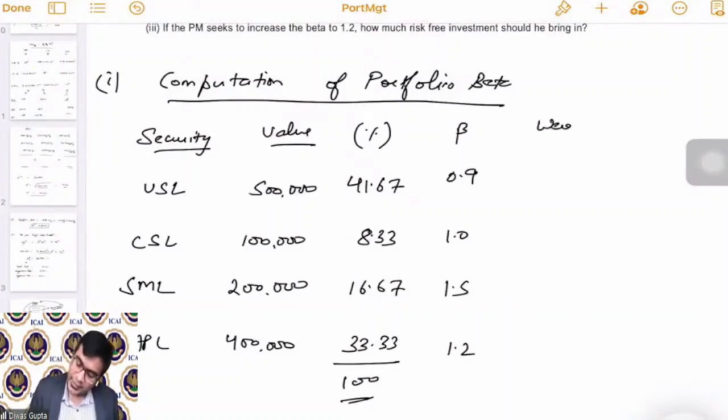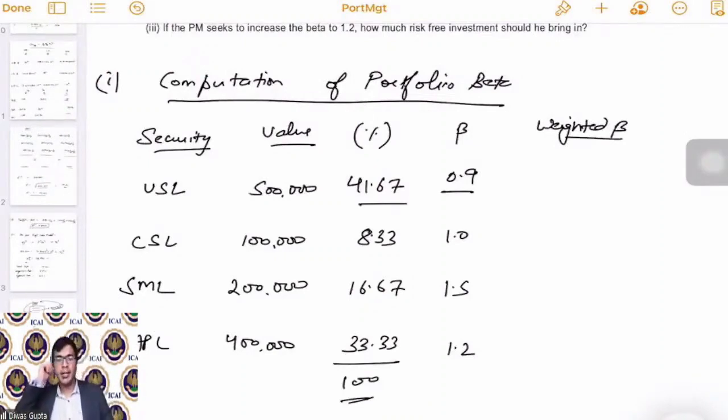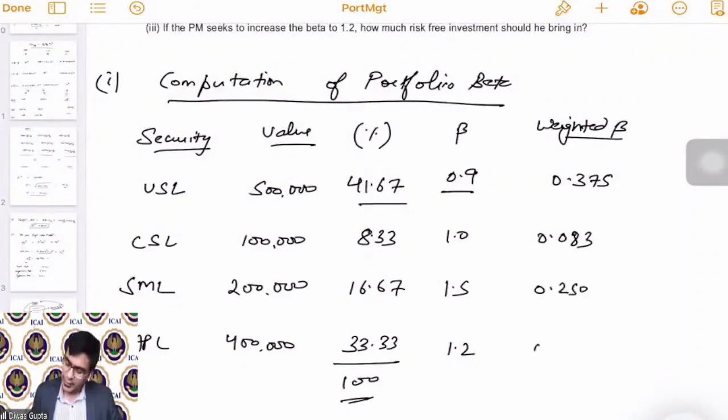And this is the weighted beta. Just multiplying 0.9 by this 41.67 percent, this comes as 0.375, 0.083, 0.250, 0.400, and the total is 1.108. This is the portfolio beta.